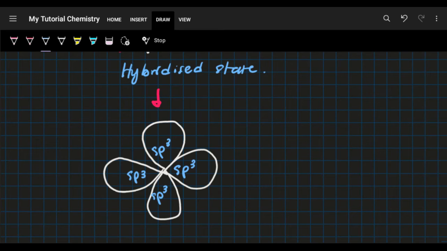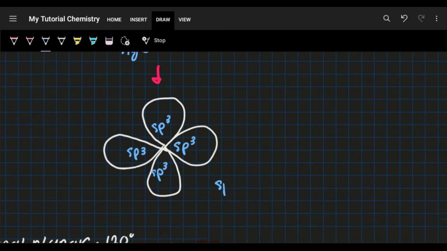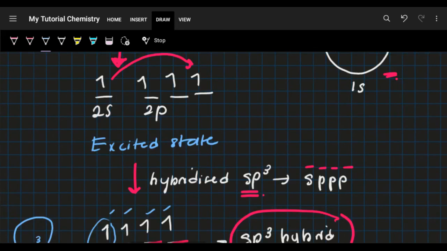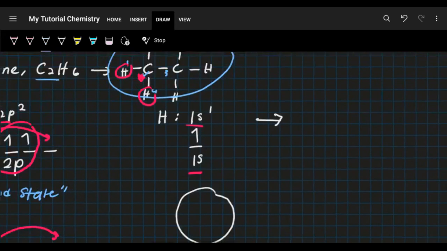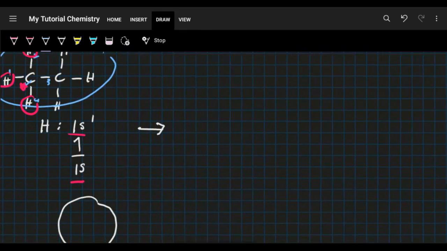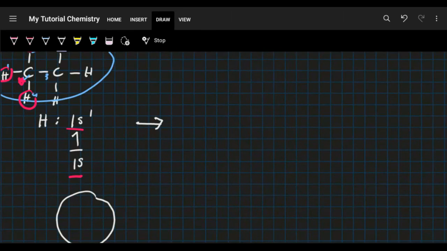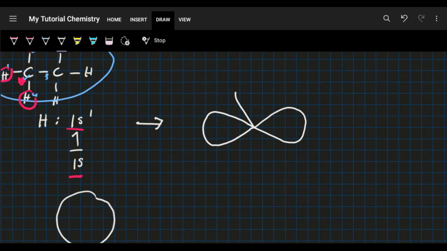So this is the sp3 hybrid orbital for carbon. Now, how can carbon overlap its orbitals with hydrogen? Let's draw the 3-dimension orbital diagram. This is like sp3 for carbon.